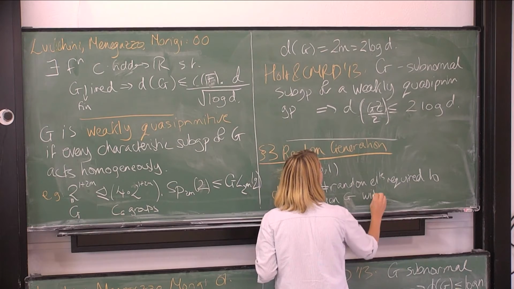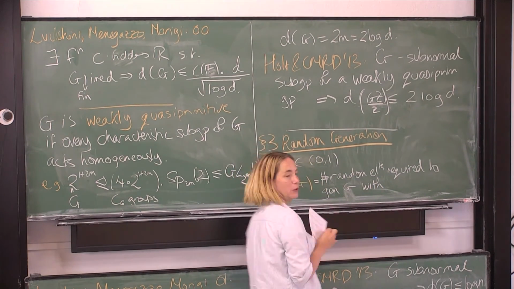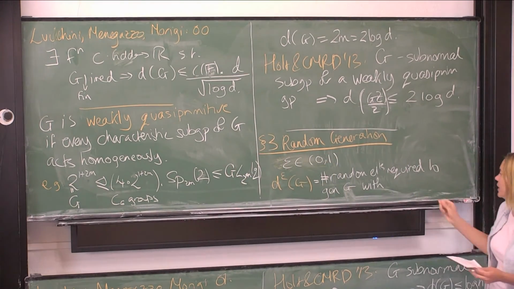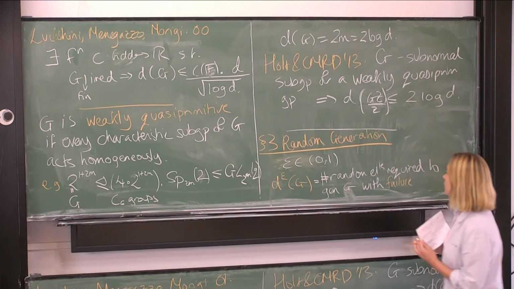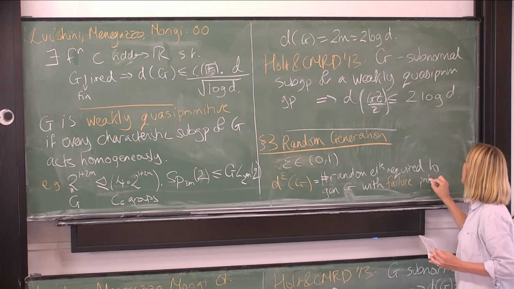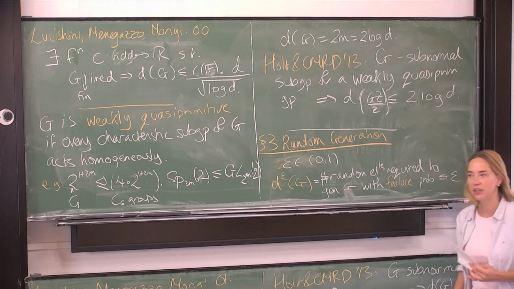What you want is to bound the failure probability. So if we want to use this in Monte Carlo algorithms, I want an explicit bound on the failure probability. So it's allowed to not generate G with failure probability at most epsilon.